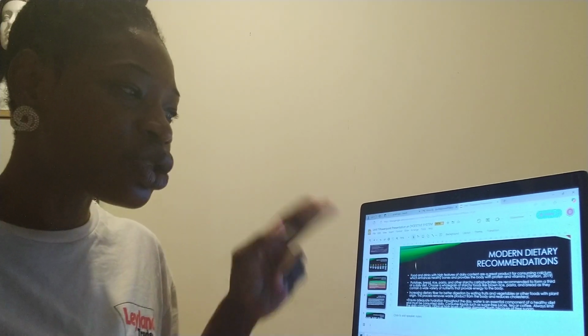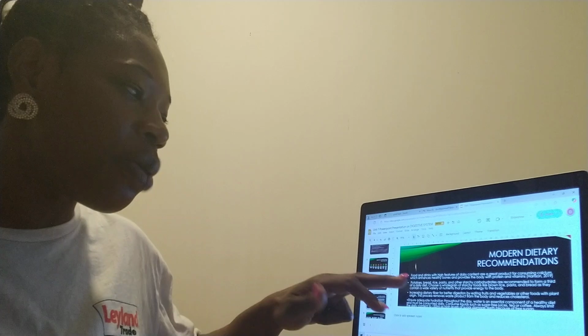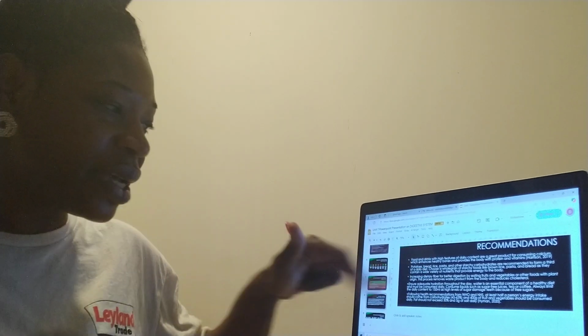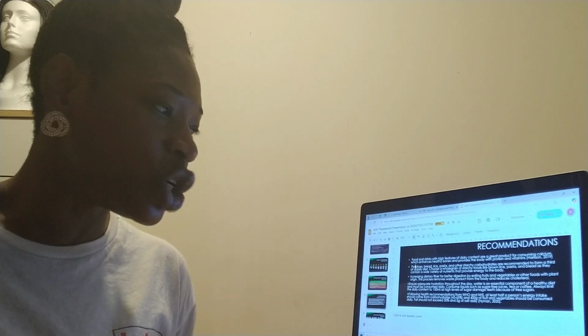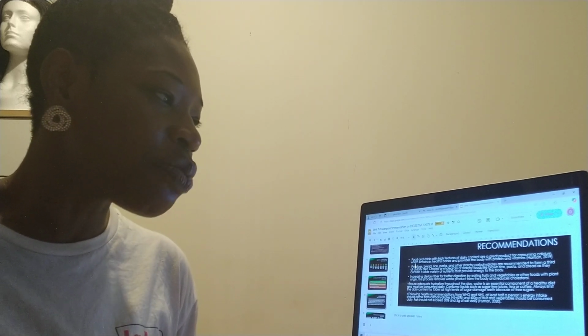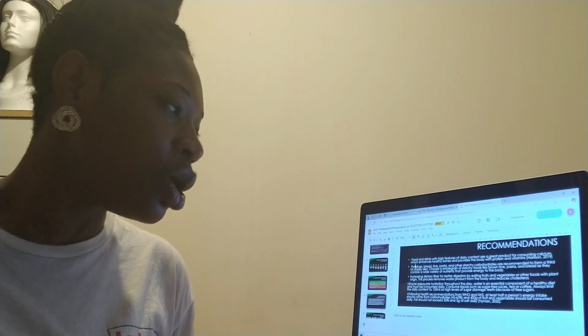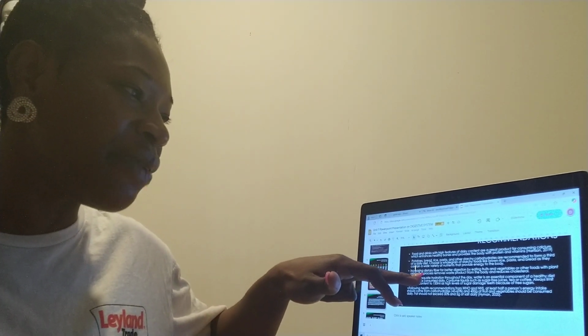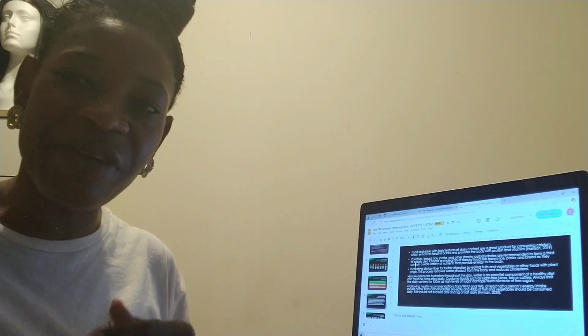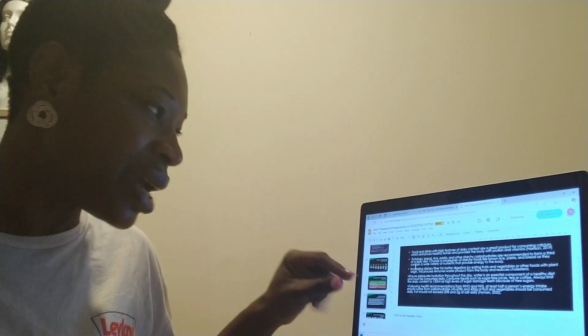The next slide talks about the modern dietary recommendations, and I'm going to explain this section. I will start with food and drinks with high dairy content, which are great products for consuming calcium, which enhances healthy bones and provides the body with protein and vitamins. This section was derived from Harrison 2019.